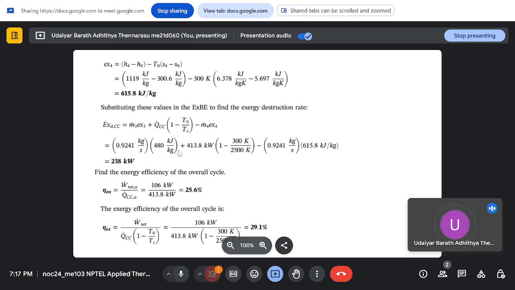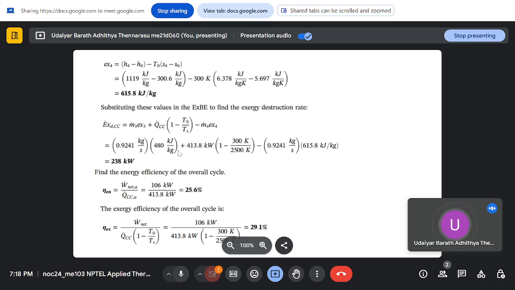So now it has dropped to 25.6%, close to half of it, because of using an 85% turbine efficiency and 87% compressor efficiency. It has dropped your efficiency by half. Also your mass flow rate is increasing because of the same work output which you have to generate.